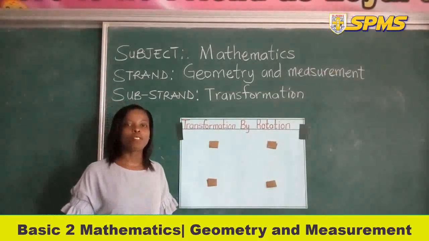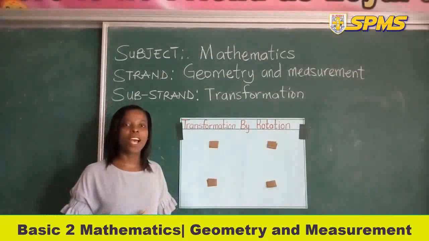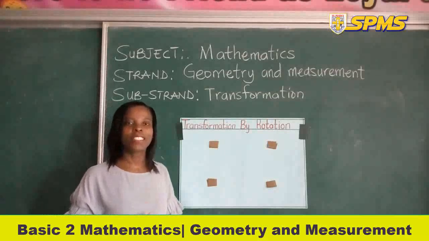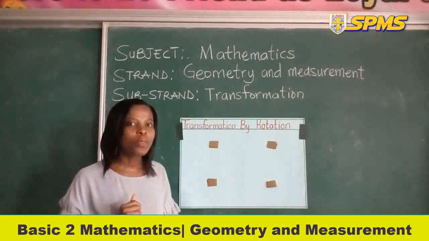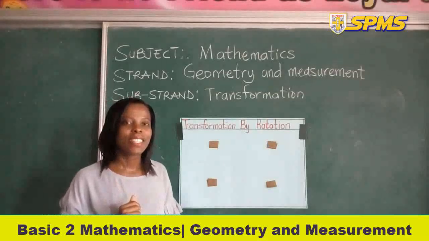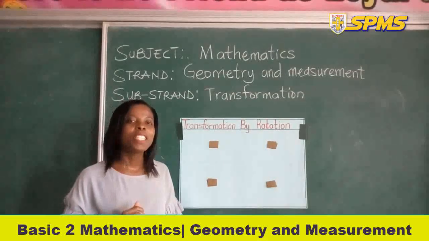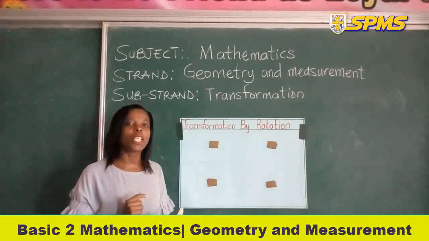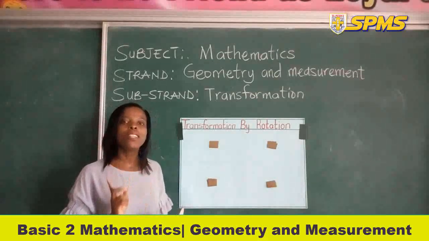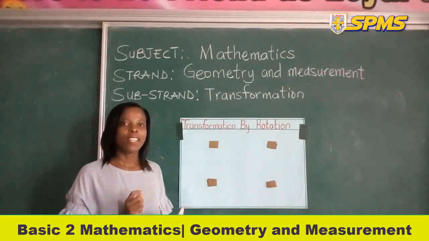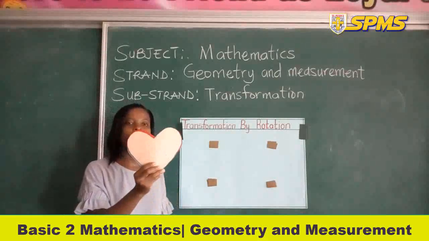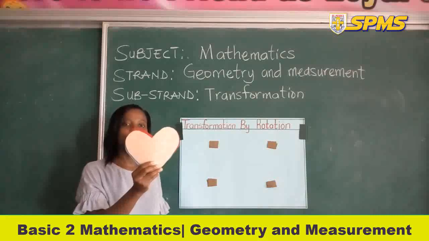The third type of transformation is known as rotation. You remember the word rotation? What did we say it is? Good. It means to turn an object or a shape round about at a fixed point. So I have a shape in my hand. What shape is it?